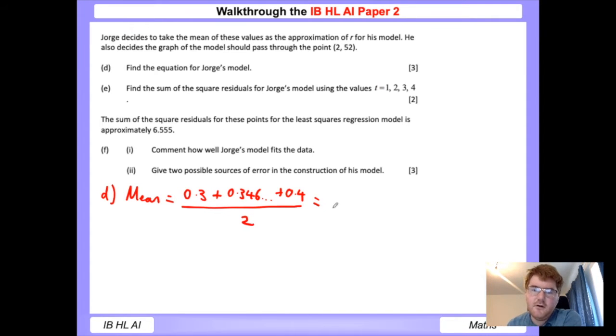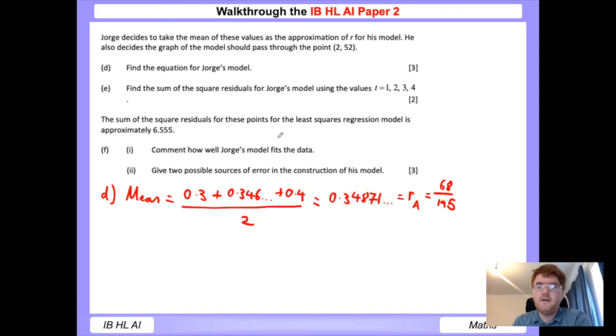You should get the value of 0.34871. Now for future reference, because this is going to be our approximate R, I'm going to put our R here. This is actually as a fraction 68 over 195. That's going to be easy to use later on. So we've got our mean.